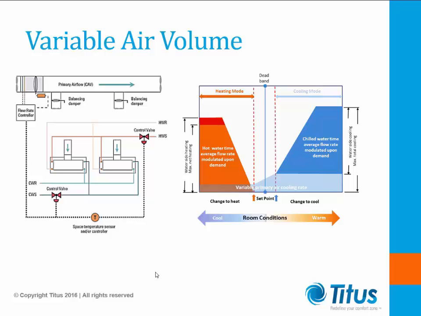If the space cooling demand drops below what's necessary just from the primary air cooling rate, that primary air volume can be varied so we're not having overcooling in the space. This should be only an issue in spaces that have very, very low space cooling demands, because the chill beam is going to provide about 65 to 70% of its cooling through the water coil within the beam.